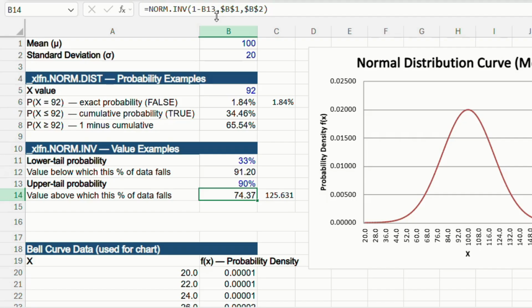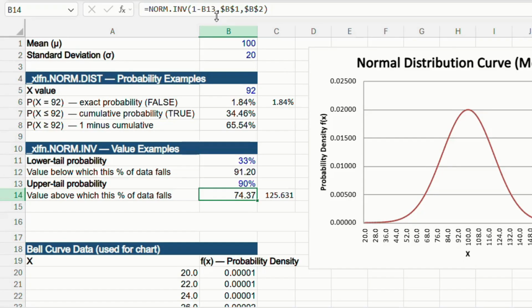If we want the probability of that number or less, we use the same formula but change the last argument from false to true. If we want more than that number, we subtract from 1. And if we want the value below which a given probability of data falls, we use the formula normal inverse.